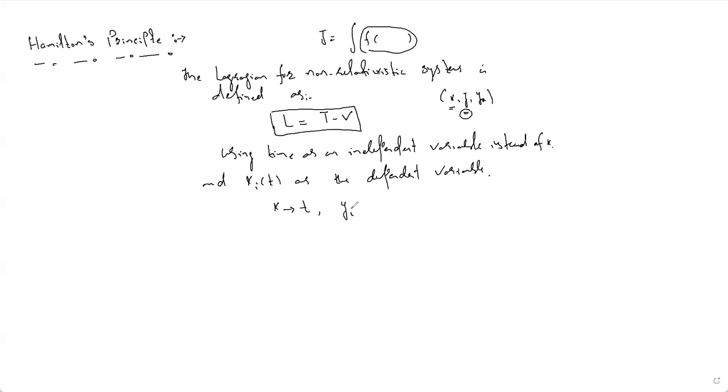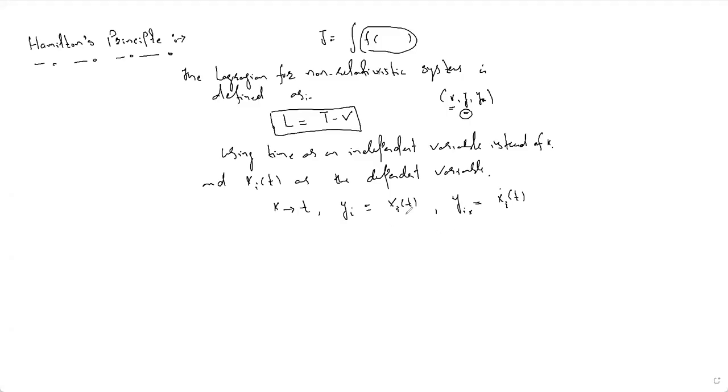So what it means is that instead of x, I'm going to use the variable t, and instead of y_i, since yesterday we talked about several dependent variables, if we have more than one dependent variable like y1, y2, y3, then y_i is simply x_i(t). The derivative of this coordinate, y_i prime with respect to x, becomes x_i dot(t), where the dot means the derivative with respect to time.